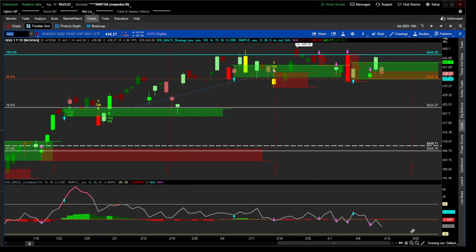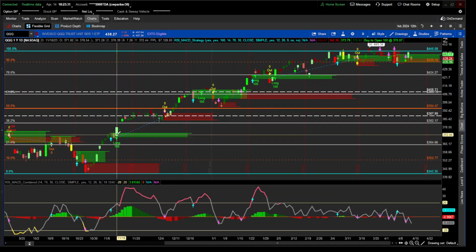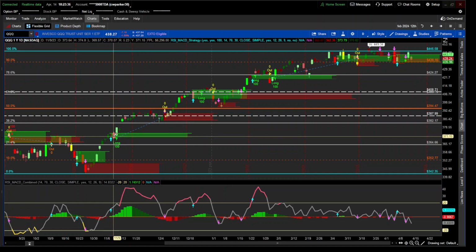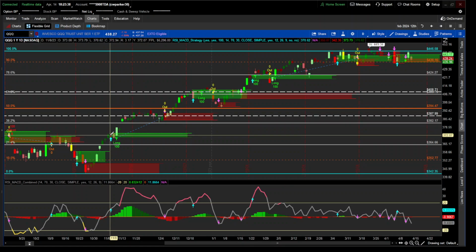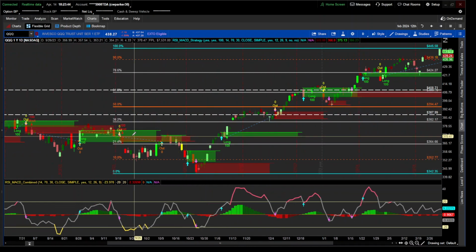And again, let me re-emphasize the strategy here. The strategy here is to only take long trades if they're above where the long signal was given, or where a signal was given from the indicator, and take shorts if it's below where the signal was given.